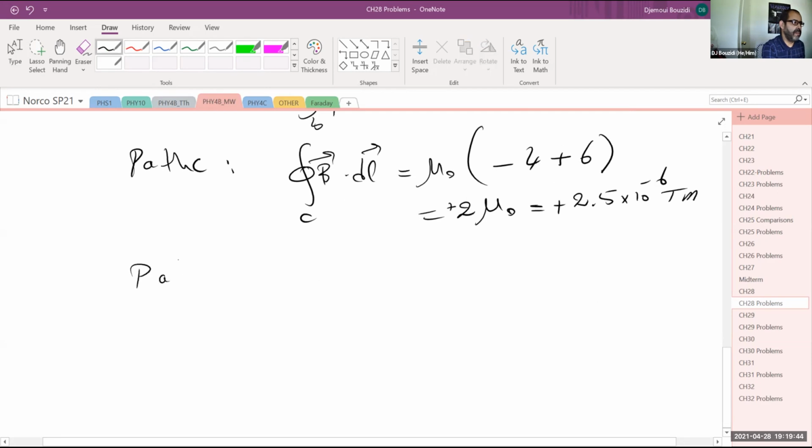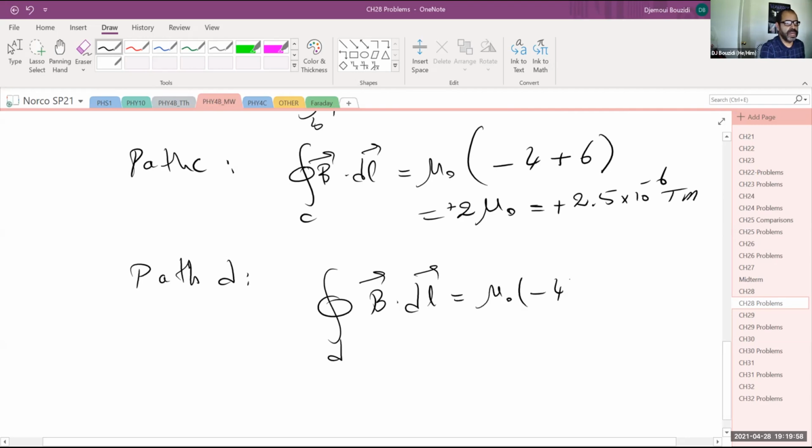So path D, it's going to be B dot dl equals mu naught times the sum of all of the currents, which is negative 4 plus 6 and plus 2. So it's going to be negative 4 plus 8, which is positive 4.